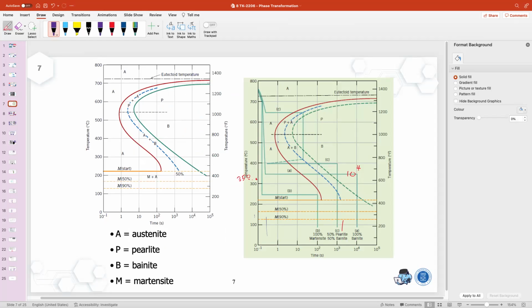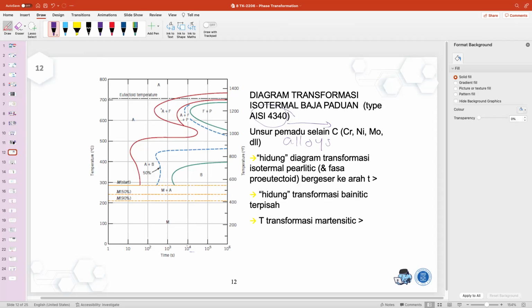However, if we add some alloys, the transformation will start quite a bit later compared to the previous one, around maybe 200 or 300 seconds. So it gives us some time in the industry to prepare everything right, because sometimes it's very hard for us to get a process where in 1 second we have to change the temperature and so on.